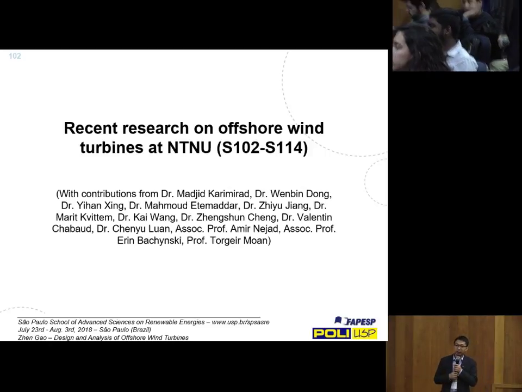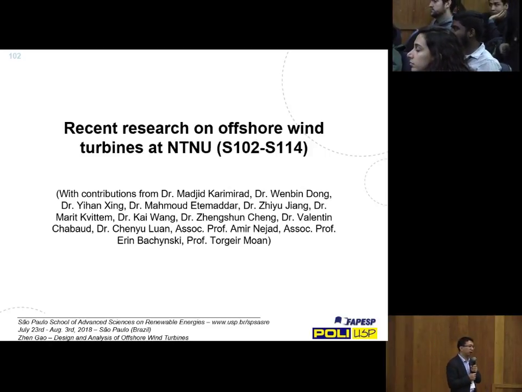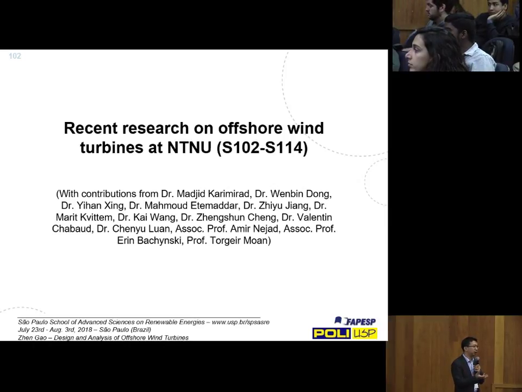But as I mentioned, we mainly look at large-scale turbines, and there's a potential benefit of having a lower center of gravity for the vertical axis wind turbine, because you can place the generator at the platform level.